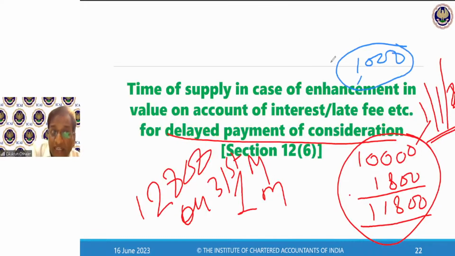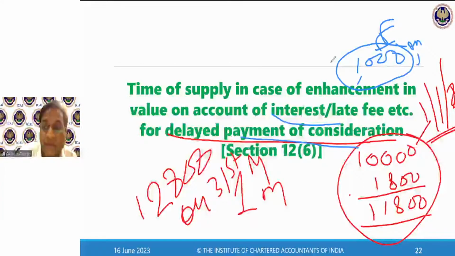What is the reason of this addition? Late fees, interest or penalty for the delayed payment. Then this 1,000 ka taxability would be on the date of receipt. This is the only taxability on cash basis. Otherwise, it would be on accrual basis.